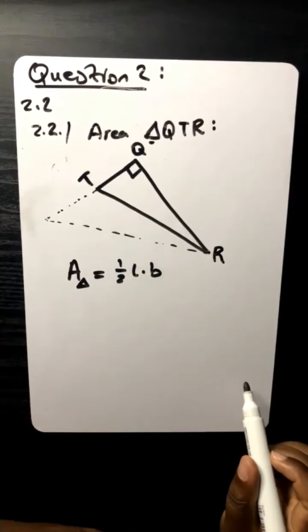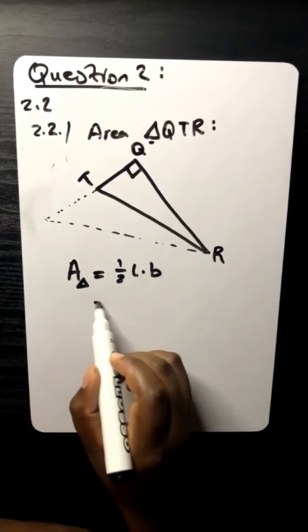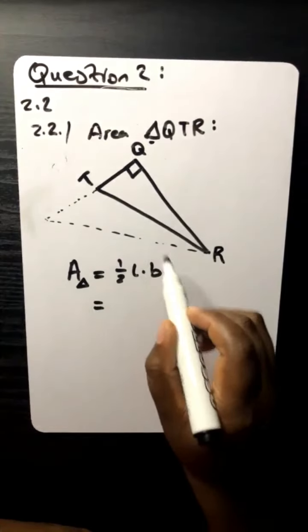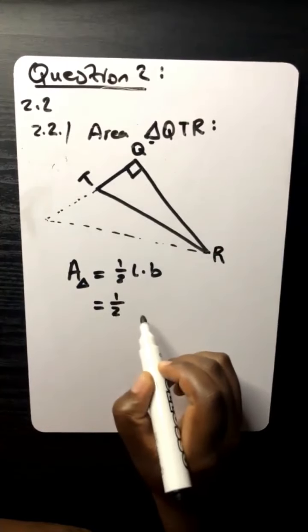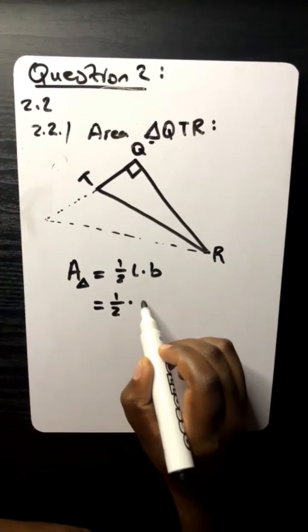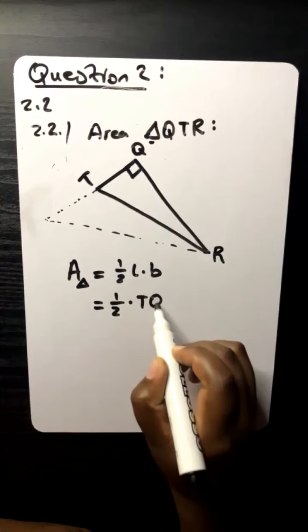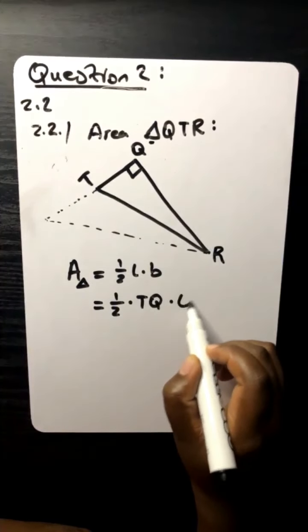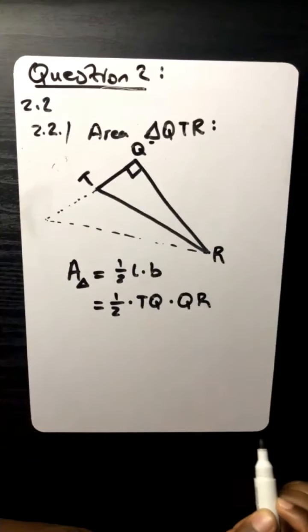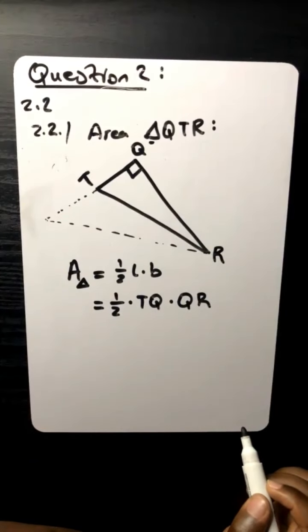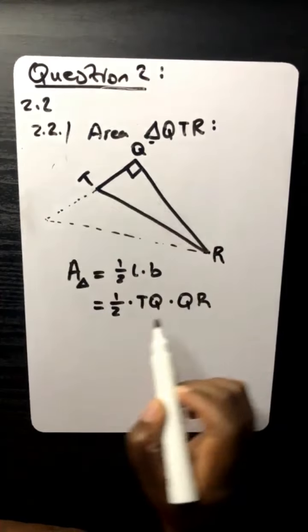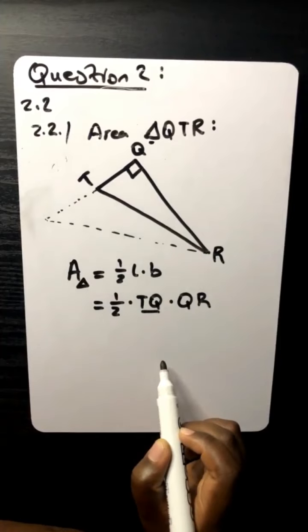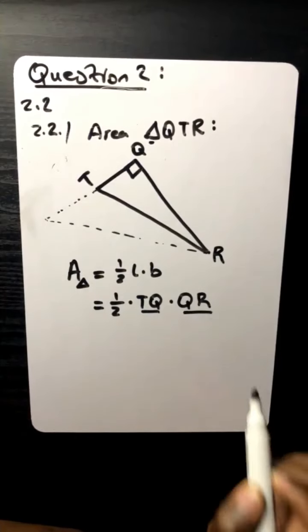So you can rewrite this formula making use of those letters: half multiplied by TQ multiplied by QR. The reason for this is so that you check on that diagram if you can find the length for that, and again, for that.